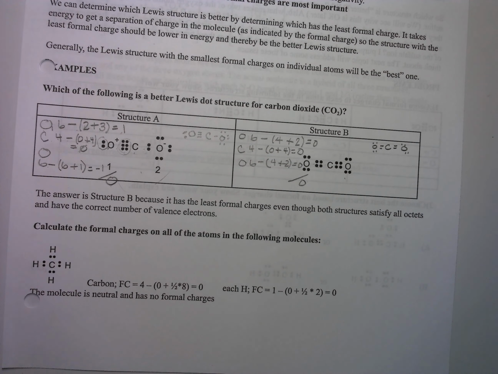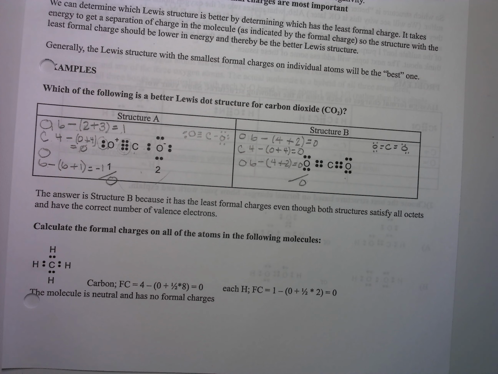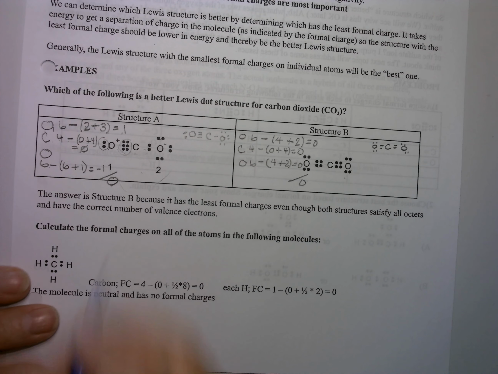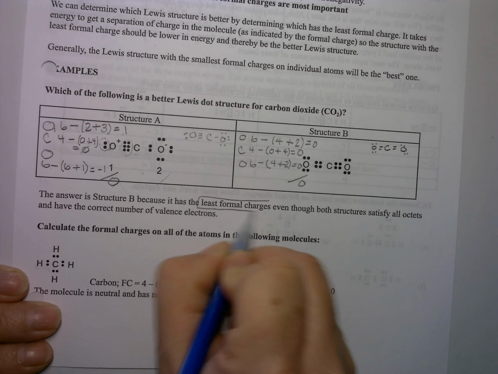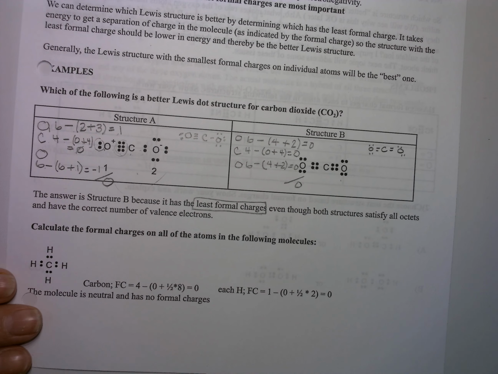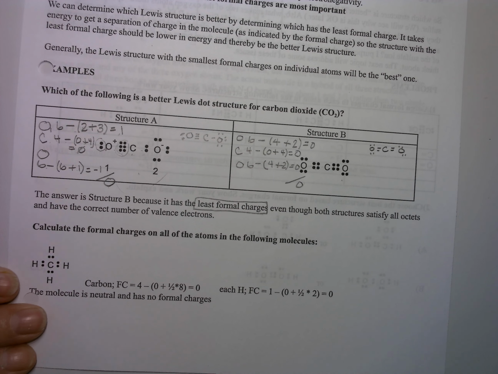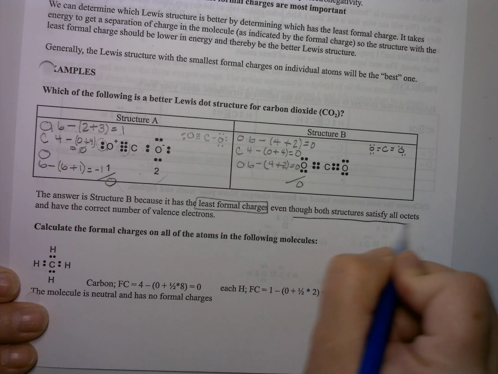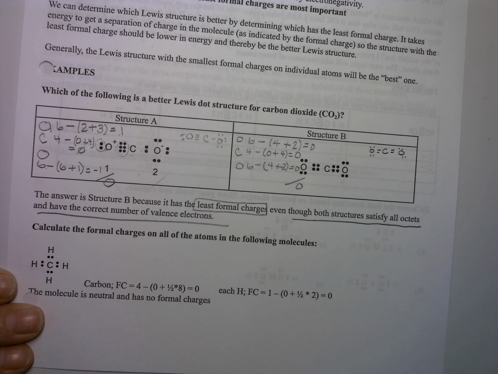Now they both equal 0, but structure B is more stable because it has the least formal charges, even though both structures satisfy all the octets and have the correct number of valence electrons.